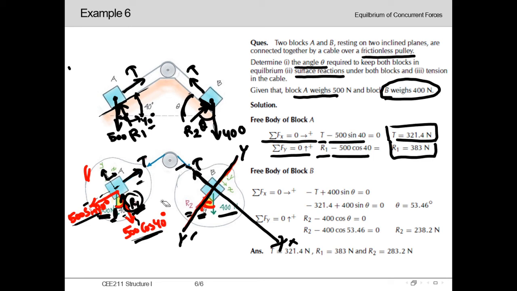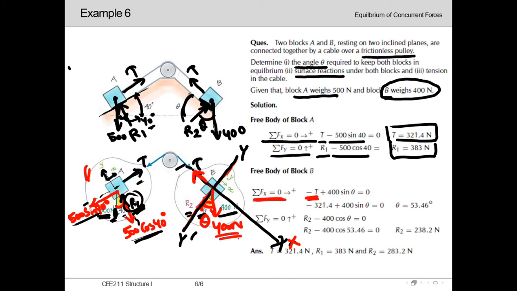Considering this newly set global coordinate, we can see that this T, tensile force, is coinciding with the x-axis, but it is acting in the negative direction of the x-axis. X is positive over here in the right direction, so this will be minus T while considering summation of Fx equal to 0. And we can see that this 400 Newton is acting downward at an angle of theta.